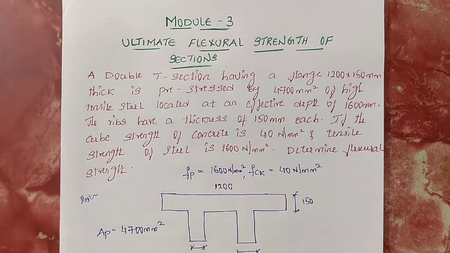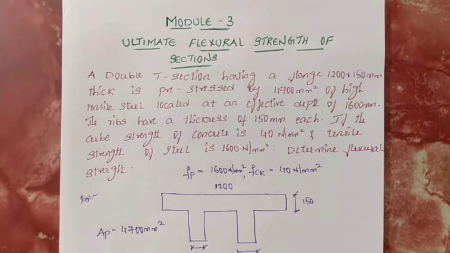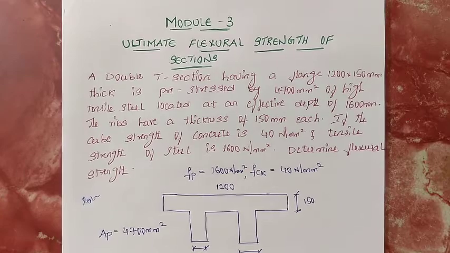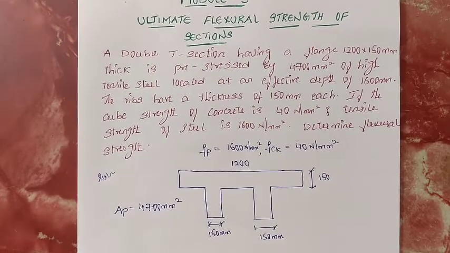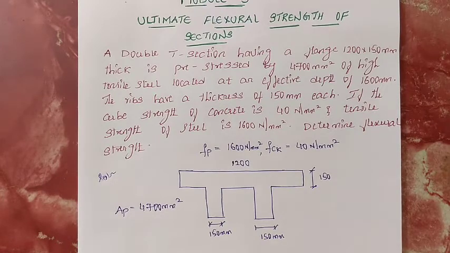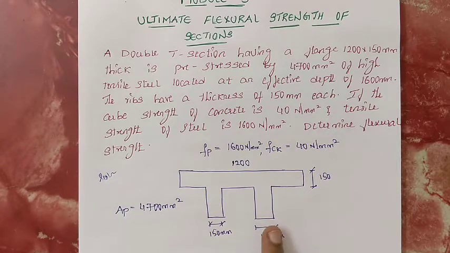First, I'm going to assume for this T section, as well as for this I section, you need to check it out. Earlier you will not be knowing whether the neutral axis lies within the web portion or in the flanged portion. First I'm going to assume the neutral axis. Mostly in case of double T section, the neutral axis lies in the web portion itself.